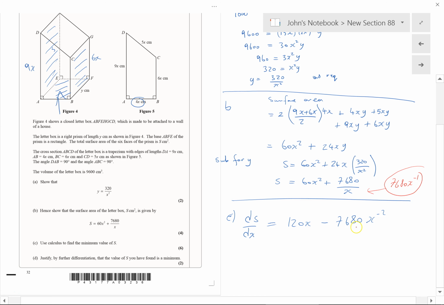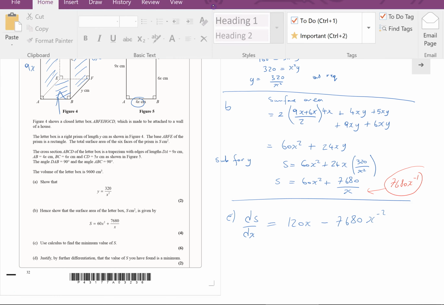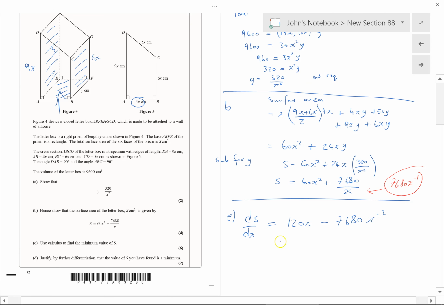So times by minus 1 gives me 7680, taking 1 off the power gives me that, which of course is equal to 120x minus 7680 over x squared.